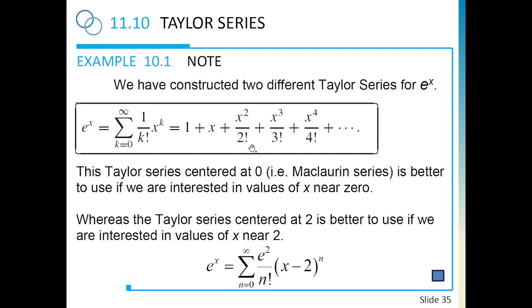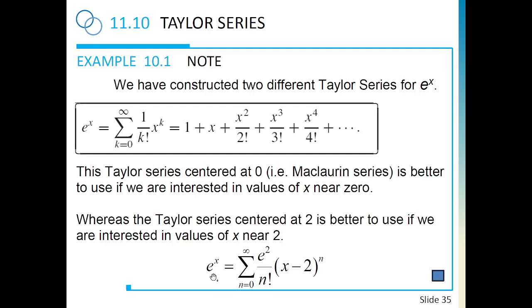So this series is useful mainly when I want to approximate exponential x when x is close to the number 0. It could be negative 0.5 or negative 1, positive 1, something like that. Now, why is the other series useful? Well, it is useful if I want to evaluate exponential close to the number 2.